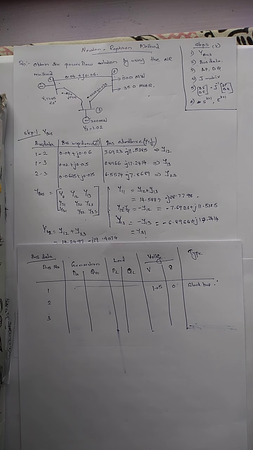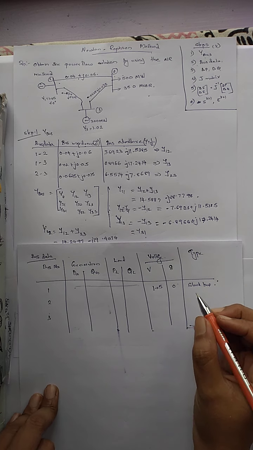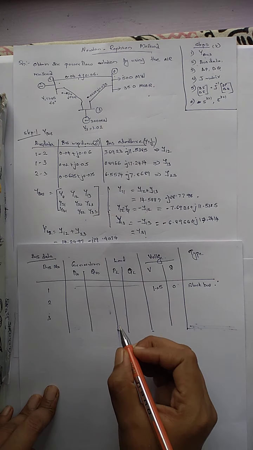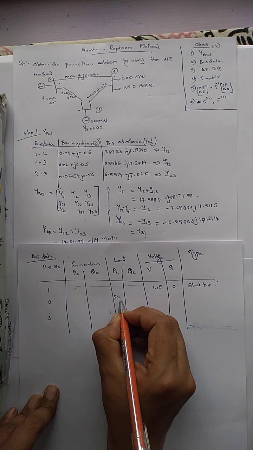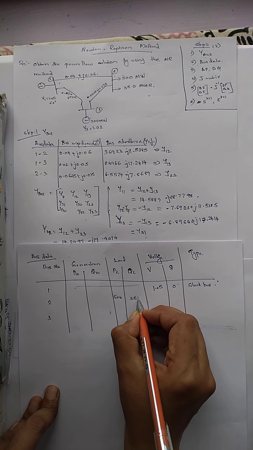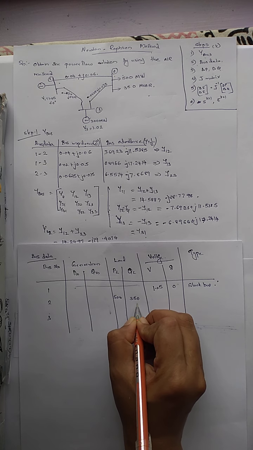We have to select a base value, so I am selecting my base value as 100. First I will write my data. Here it is load, so 500 and 350 are given, the P value and Q value.